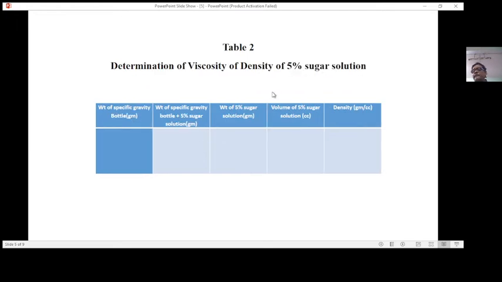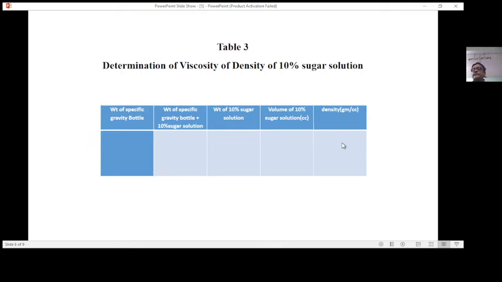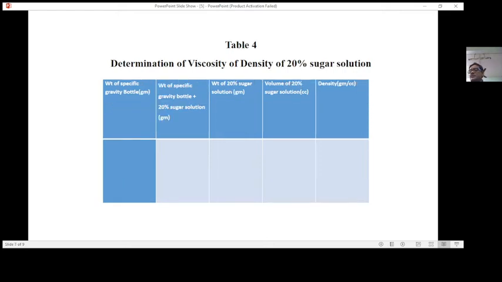Table 2 is the same with the empty specific gravity bottle and 5% sugar solution. Weight of the 5% sugar solution will come out by subtracting, and the volume will be either 50 ml or 25 ml, and density in g/cc. Same procedure will be done for 10% sugar solution. Same procedure, table number 4, will be for 20% solution.